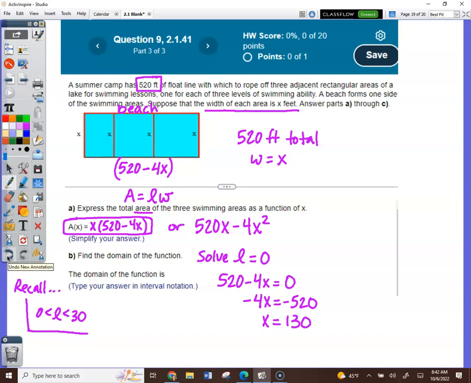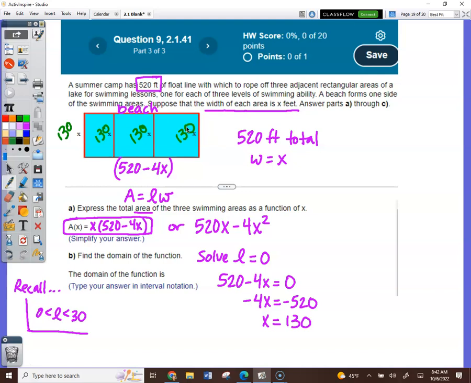Here, you can't say this ranges from 0 to 520, because that would mean that this could be 0, and this would be 520, but then what about those? You see that? There's a restriction on x here, because we've got to divvy it up between 4 of them. So that's why you solve that. Now let's see if our answer makes sense. If this was 130, 130, 130, 130, what does that add up to?